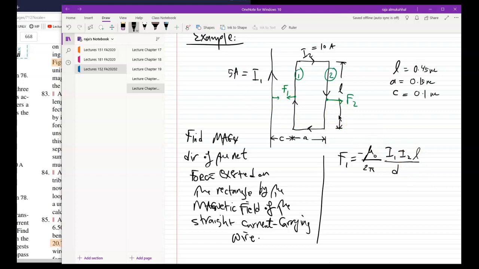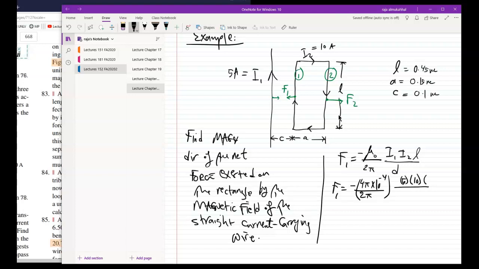Make sense? So here I have F1 is equal to minus mu naught, which is 4 pi times 10 to the negative 7, divided by 2 pi. I'll come back to it in a sec. And then I1 is 5, I2 is 10.